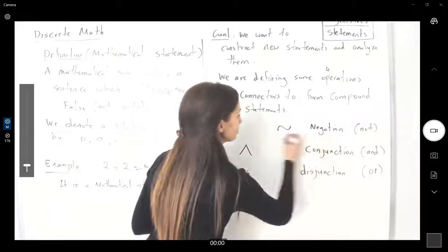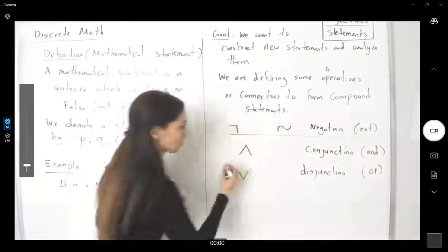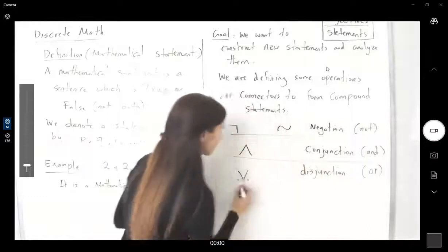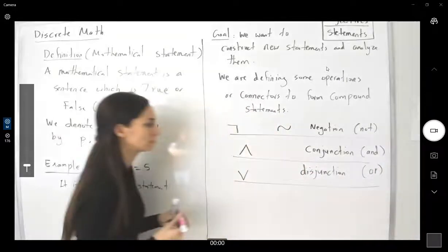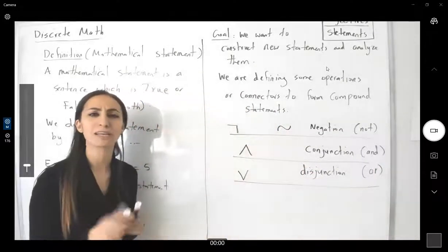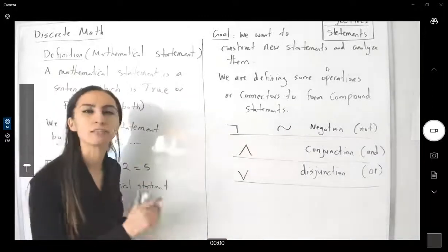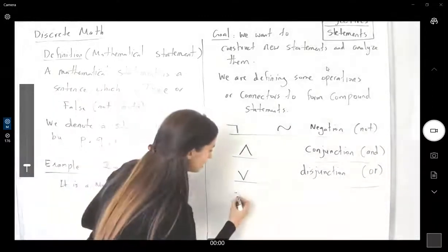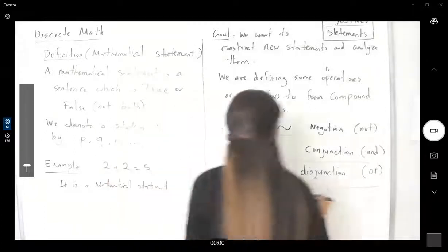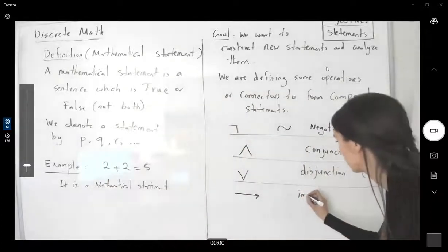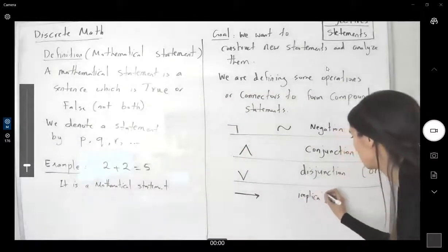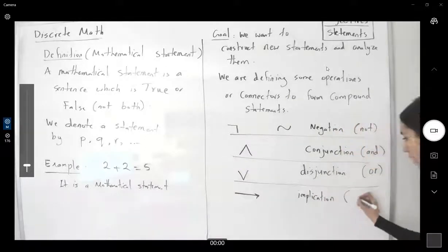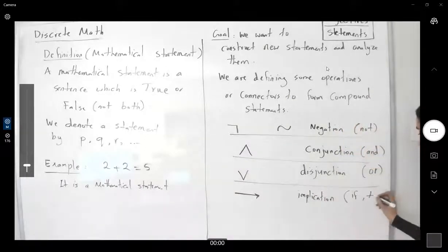So negation, conjunction, disjunction. Now we're going to talk about implication or conditional by using an arrow. Implication, if, then.